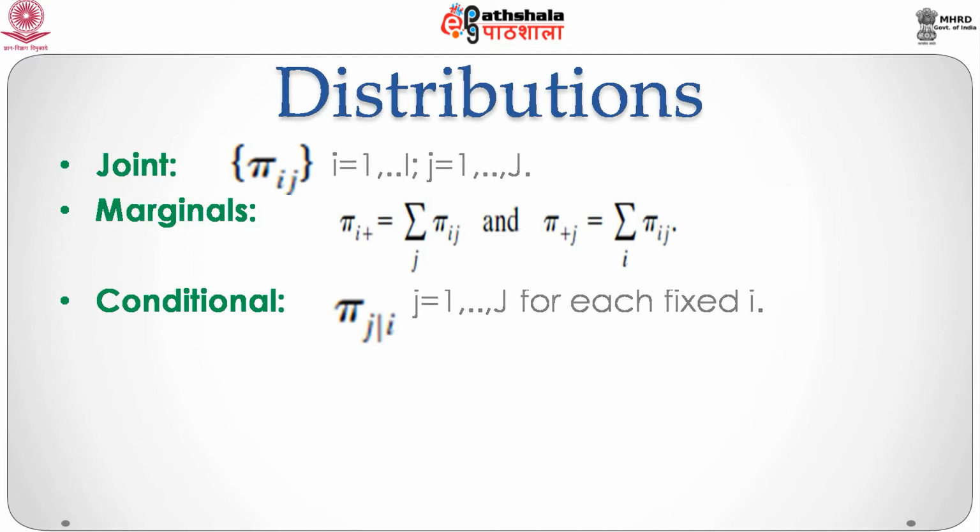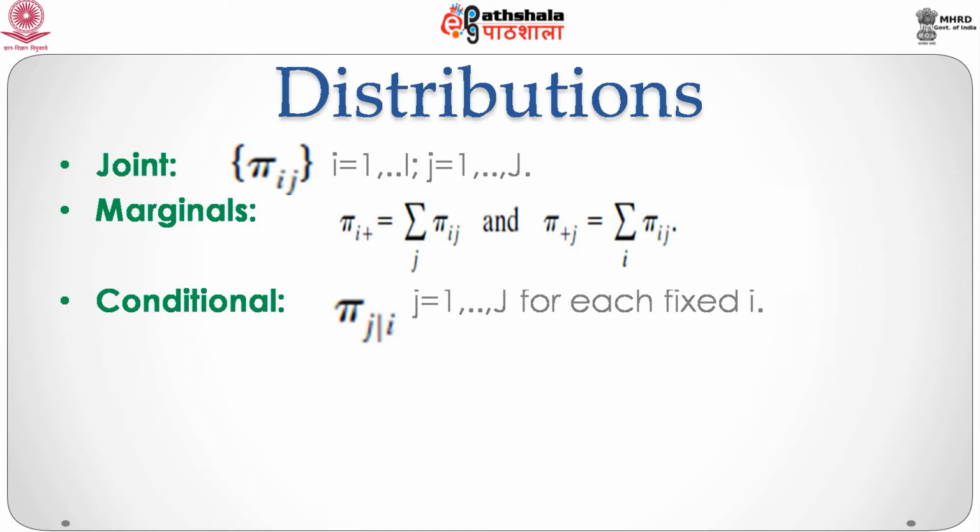So pi i plus is summation over j, pi ij, for i equal to 1 to I, and pi plus j is summation over i, pi ij, j equal to 1 to capital J. So we have two sets of marginal distributions corresponding to either the rows or the columns.